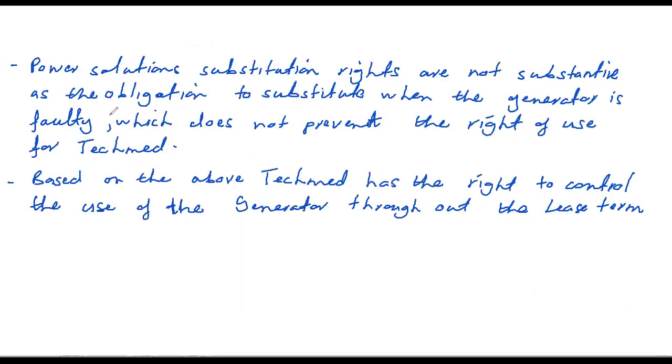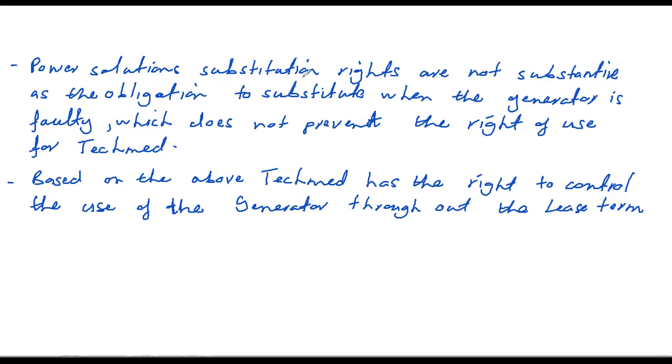And then we've got the substitution that we're given in the scenario. They said Power Solutions will substitute when there's a manufacturing fault, which should be within the warranty period. That information was provided to test whether you understand substitution.